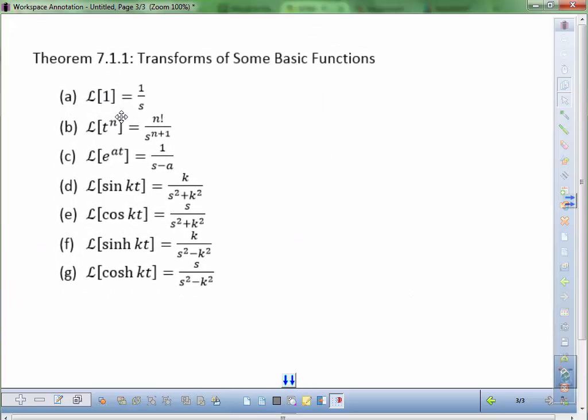So we didn't do the constant function 1, but apparently the constant function 1 turns out to be 1 over s. We did t to the first power. If you imagine n is equal to 1, you would get 1 over s squared like we got. We got e to the at. You guys just corrected me and made me write s minus a instead of a minus s. Thank you. And we got the sine and cosine functions are also represented here.